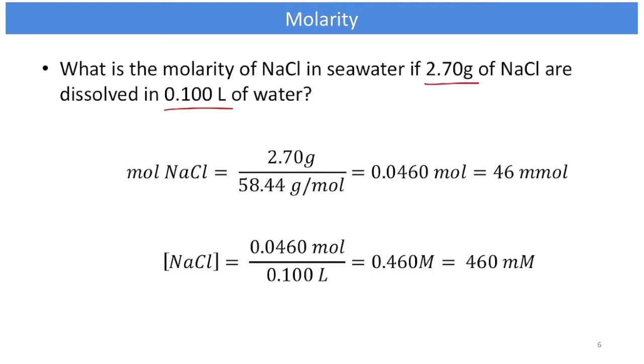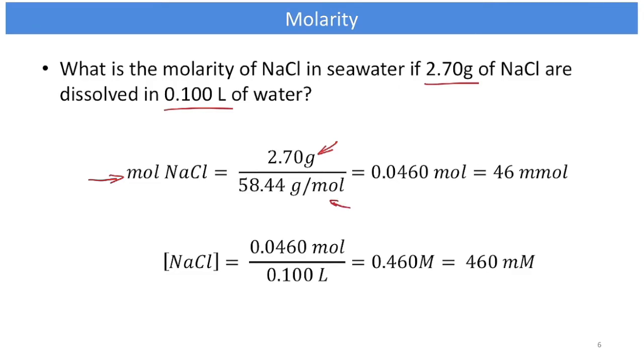Okay, so usually in these calculations, if you're given a mass, and especially if you're trying to find molarity, you should know that you need to convert grams into moles. So the first calculation here, figure out the moles of sodium chloride. So we have grams of sodium chloride on the top, and then the molar mass there.